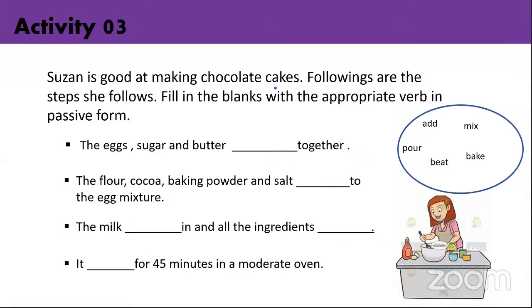The milk, next one. The milk, what can you do? In and all the ingredients. What are you going to do? All the ingredients. The last one. The last step. What is the last step? Okay, I'll give you 2 minutes to do it. Quickly do.